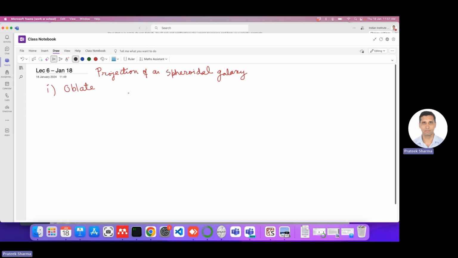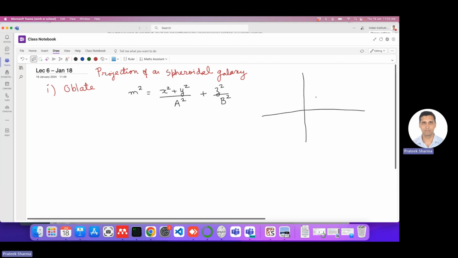let me just write, m squared equals x squared plus y squared by a squared, so x and y directions are along the long axis of the spheroid, plus z squared by b squared. So if you look at the projection in the x z plane, this is x and this is z.